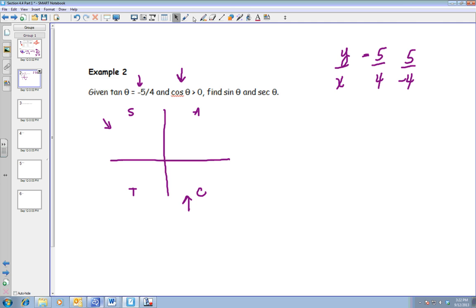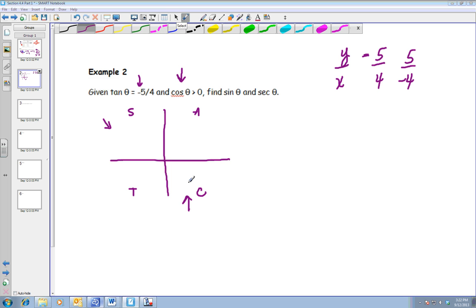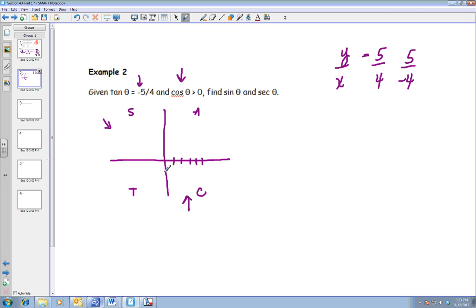So I'm going to draw my triangle in this fourth quadrant. That means I'm going to go to the right 5, down 4, and there's my point, because I'm plotting the point 5 over 4. This is y over x. Whoops, that's the wrong point, isn't it? So y over x. Let me get my marker back up. All right, so my y value, my x value, I'm going to go to the right 4, down 5.